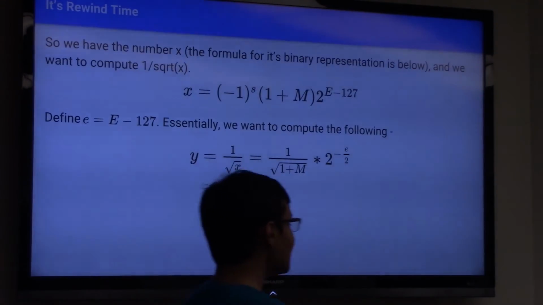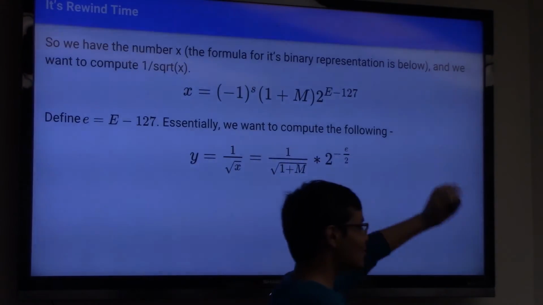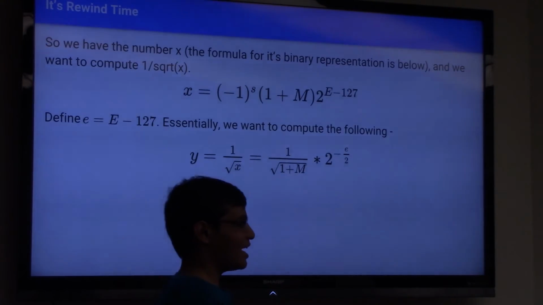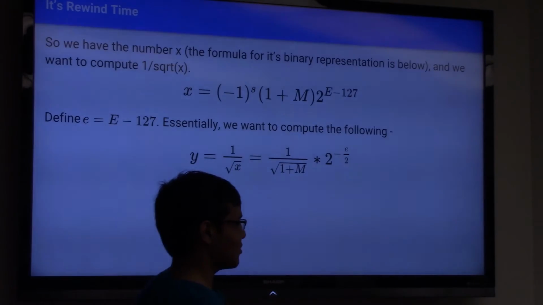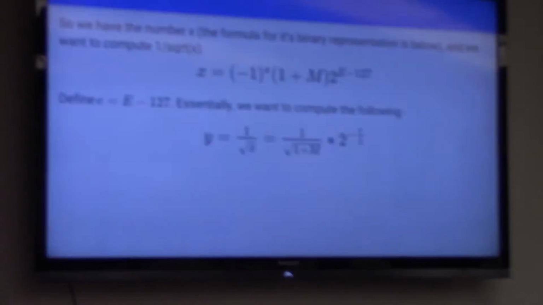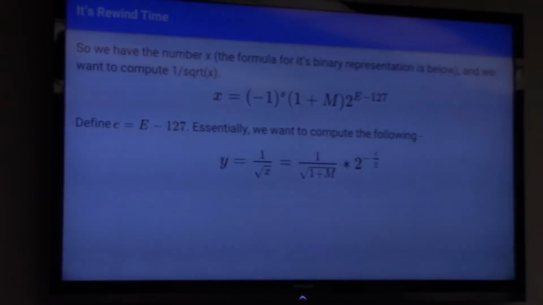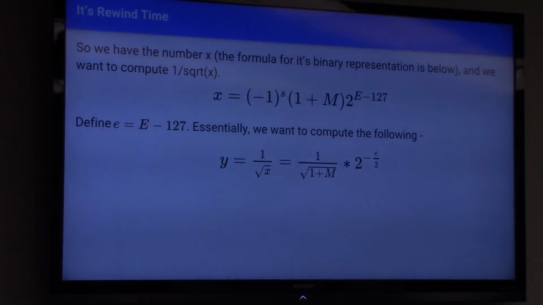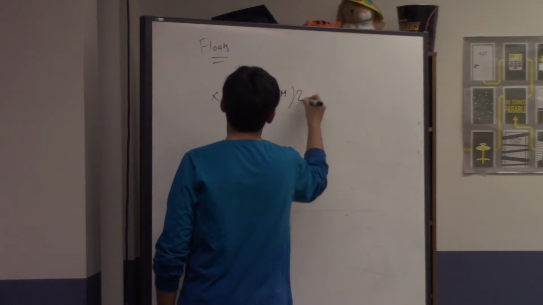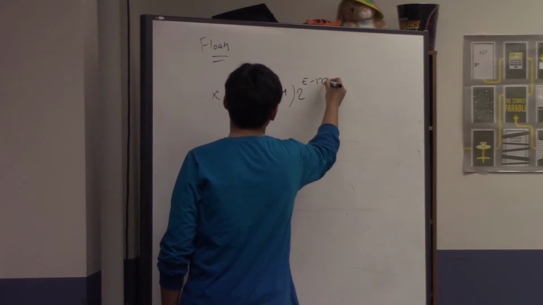So we have this formula. After we've represented our bits like this, in order to get x back, we have to use that formula. x is equal to (-1) raised to the sign, times (1 plus m), times 2 raised to e minus 127.